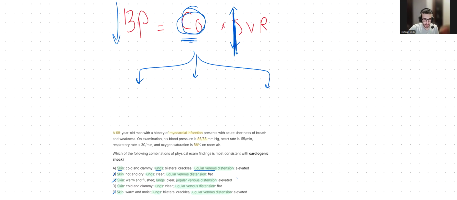So in this case, the correct answer is going to be A. Why? Because the skin is cold and clammy from the sympathetic response, constricting blood vessels and activating sweat glands. Lungs, of course, bilateral crackles from the pulmonary edema and an elevated jugular venous distension by the same reason.